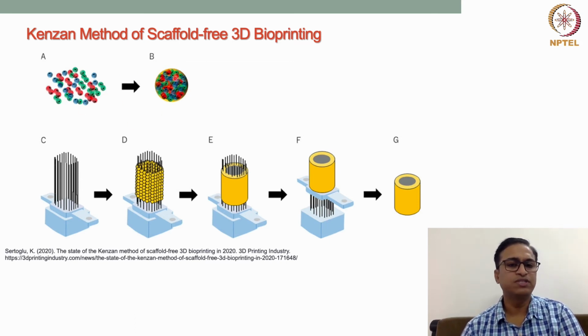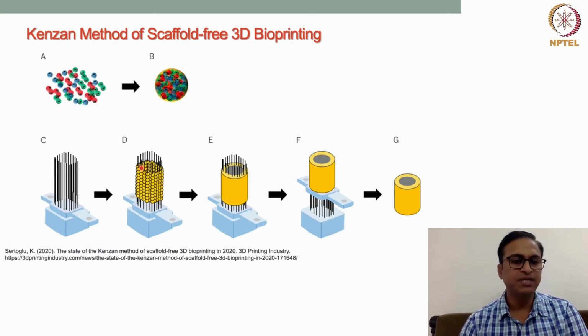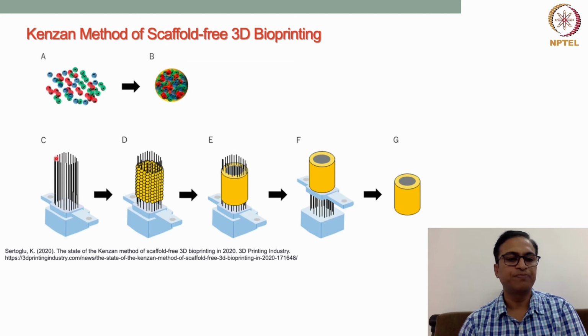This process is also very similar to spheroid or organoid preparation, but what this group has done is first prepare spheroids, these spherical structures, which were then assembled by means of a micro needle array that they called Kenzan.